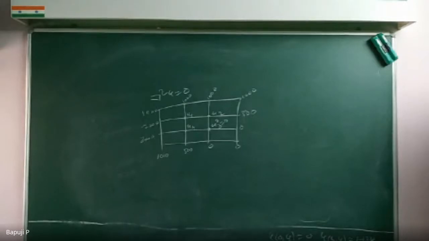Up to finding U1, U2, U4, U3 of 0 I can assume, then write the U3 of 0 formula. You may get some value. Then you can go for the Liebmann iterations. You start with U1 of 1, U1 of n plus 1, U2 of n plus 1, U4 of n plus 1, U3 of n plus 1. Then only we get it. There is a way.